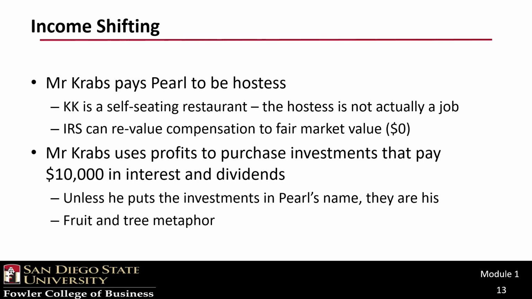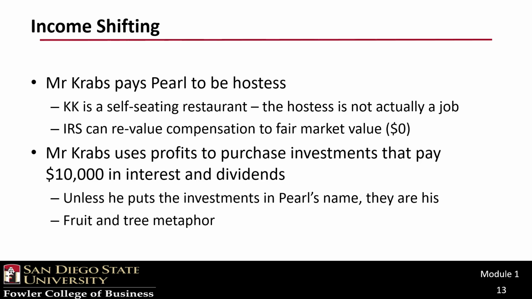So Mr. Krabs pays Pearl, as you recall, to be a hostess. The problem is, Krusty Krab is a self-seating restaurant. You walk in, you order from Squidward, then you sit down wherever there's an available table. Hostess is not actually a job. So as a result, the IRS could revalue that compensation to its market value, which conceivably could be as low as 0. Mr. Krabs uses profits to purchase investments that pay $10,000 in interest and dividends.